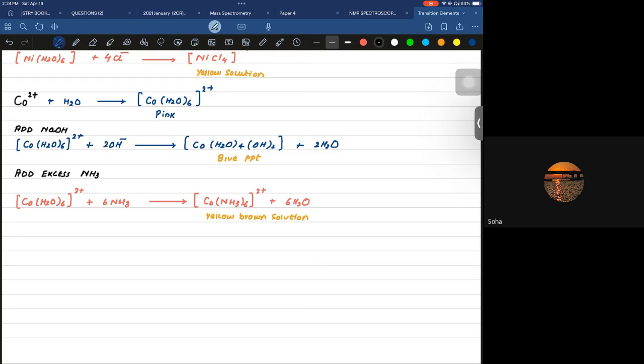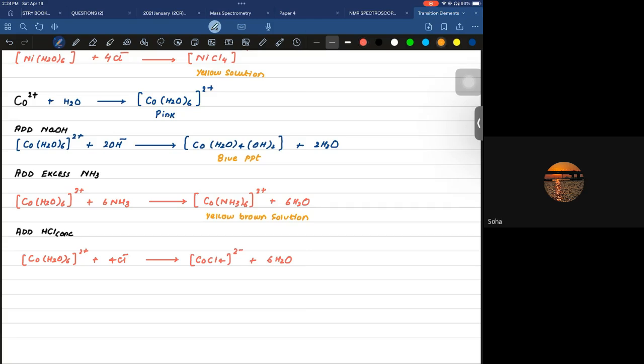And then I'm adding concentrated HCl. Of course there is a charge, so there would be a solution.